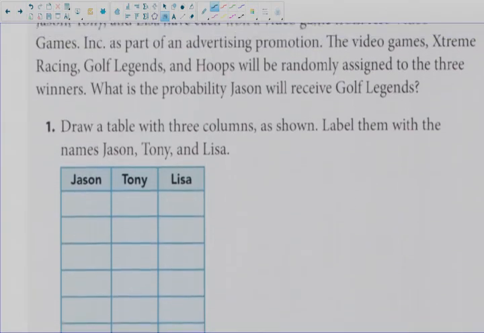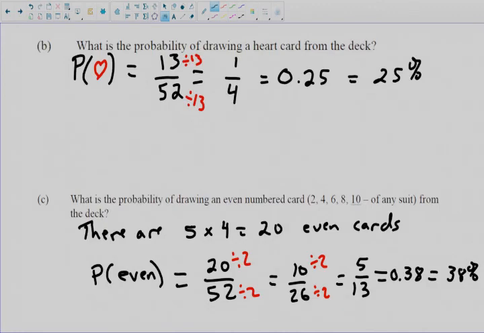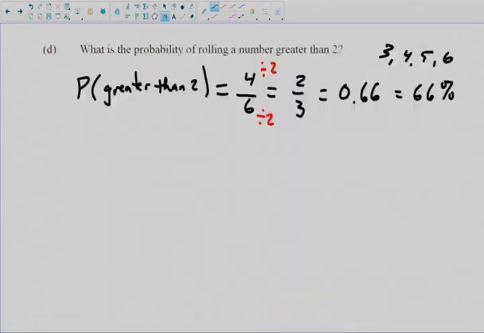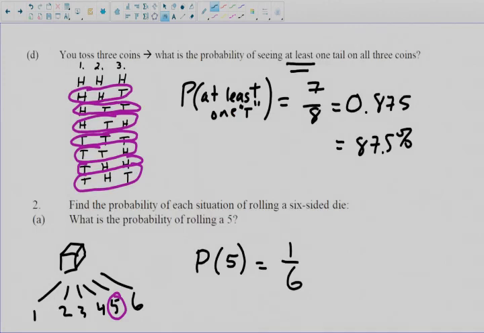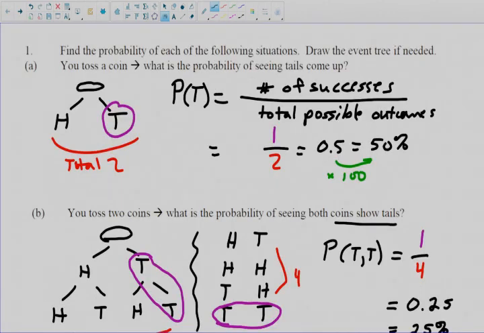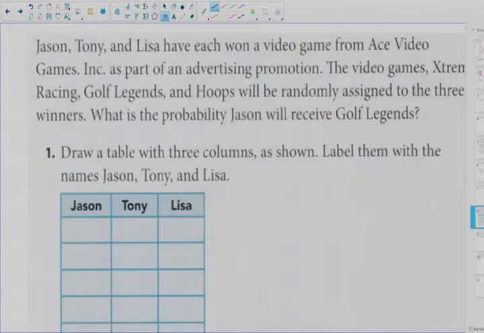So in this case, they're basically asking you to set up a table, similar to the one we did for the coins. We just want to take a look at each possibility of winning the games in a specific order.